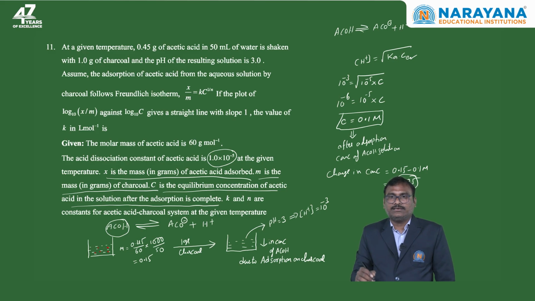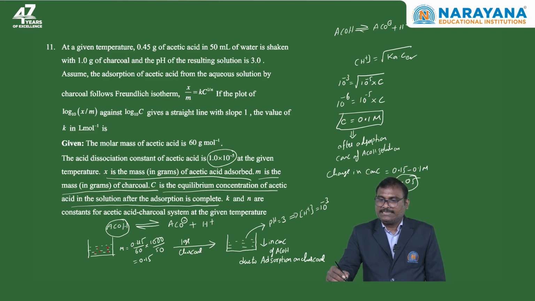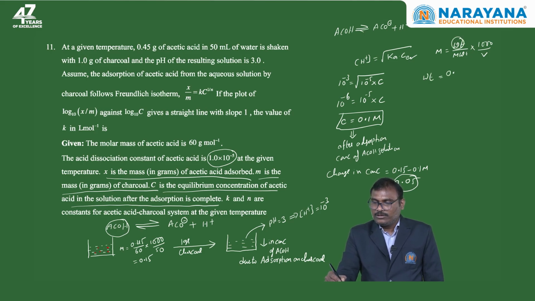So how much weight is going to be adsorbed? Molarity is equal to weight by molecular weight into 1000 by V. That means the weight of acetic acid adsorbed is equal to 0.05 into 60 into volume of acetic acid solution 50 by 1000.